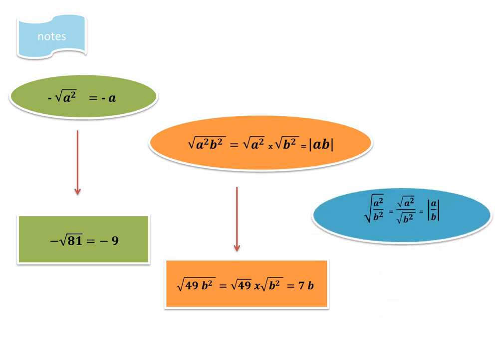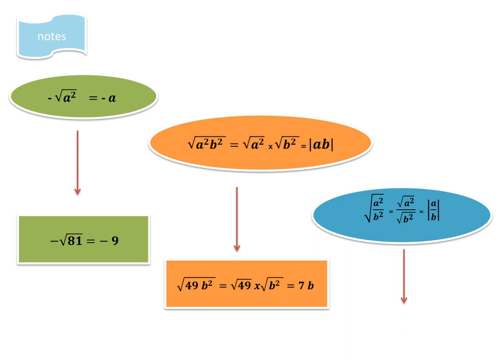Another note, if we have the square root of a rational number a squared over b squared, distribute the square root to the first term and second term, the numerator and denominator, equal to the square root of a squared over the square root of b squared, equal to the absolute value of a over b.